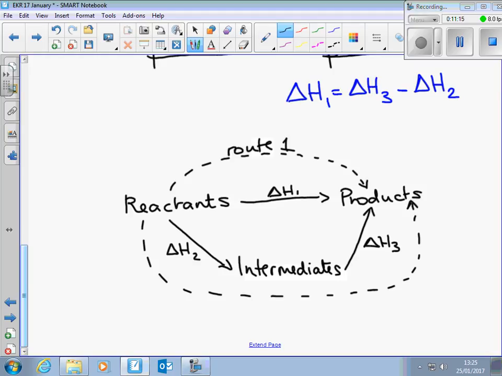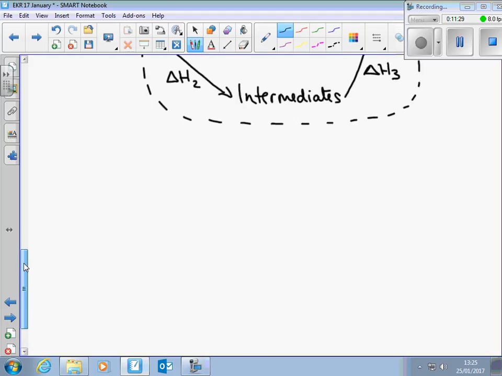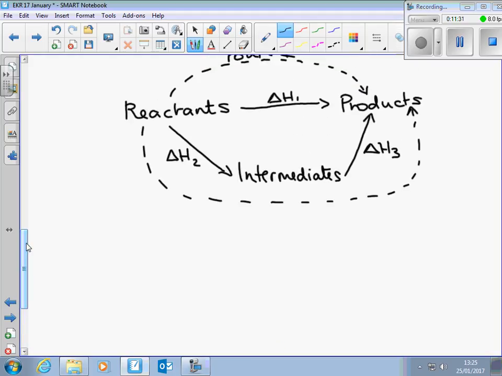Now you might have another option, which I realise is going to throw things into confusion because I haven't got this in my own notes, so I could be messing things up. But what if in the lab, as an alternative, you've got your reactants turning into products being the one that you wanted? We'll still call that delta H1.